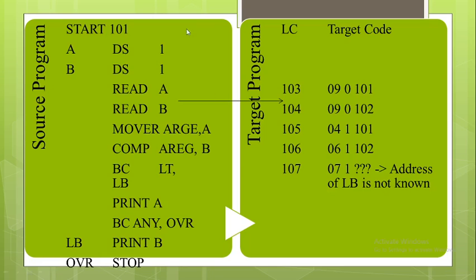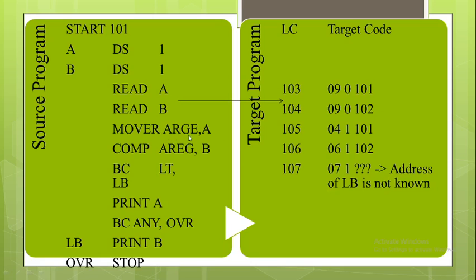Now we are going to study a particular problem called the forward reference problem. In this program, the first instruction stores the symbols A and B with the corresponding addresses 101 and 102. The instructions READ A and READ B have this particular target code.